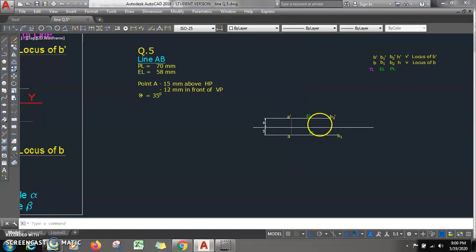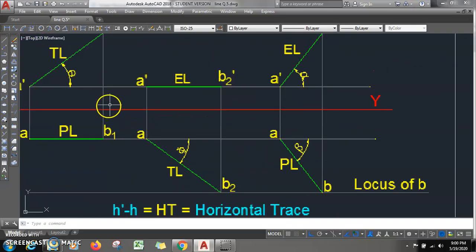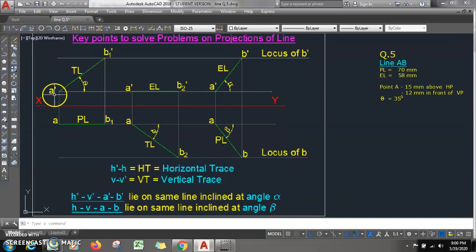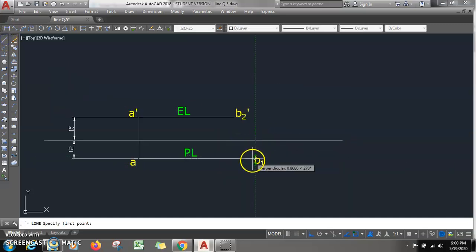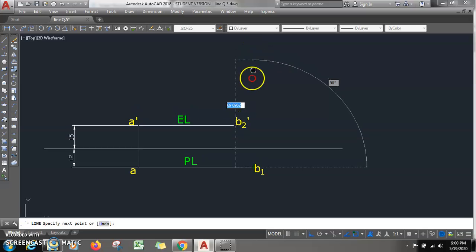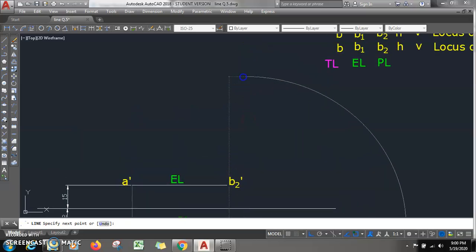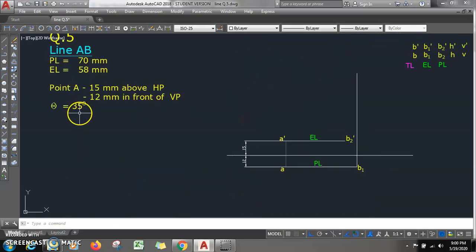Now we have plan length, and we have theta. So can we get the true length? Yes. From B1, draw a vertical line, and from A dash, draw a line at an angle of theta. The intersection will give you B1 dash. It is simple to draw. From point B1, we draw one vertical line, and theta is 35 degrees.